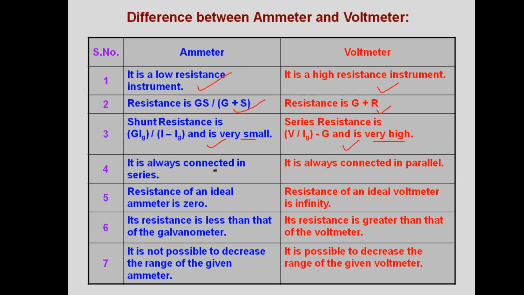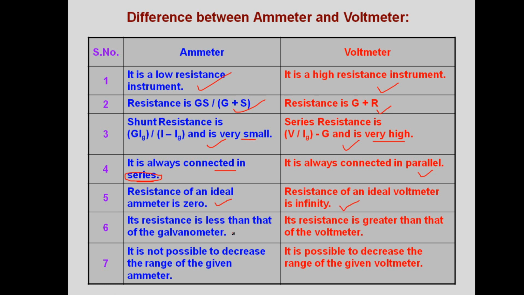Ammeter is always connected in series because current remains the same in series combination. Hence, to find the total current, it is to be connected in series only in the circuit. Voltmeter is to be connected in parallel combination. So resistance of the ideal ammeter is considered to be 0, while similarly for ideal voltmeter it is infinite.